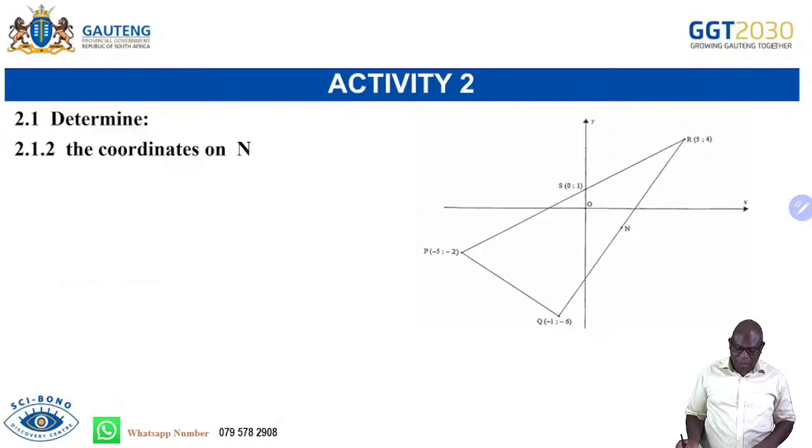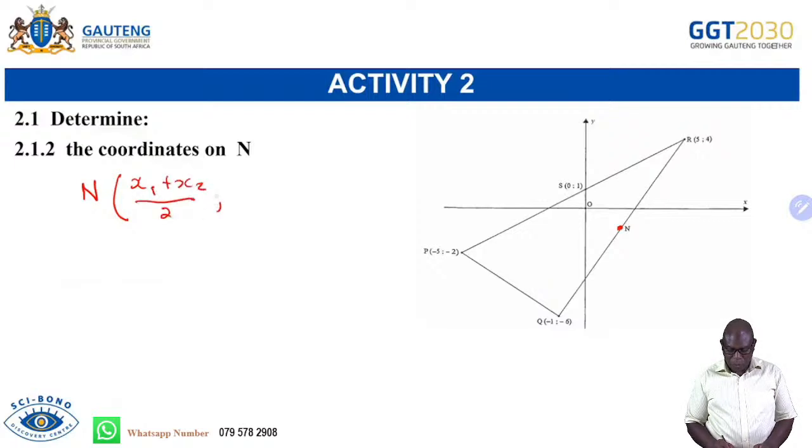Now, the next one says, determine the coordinates of N. Remember, we were told that N is the midpoint of this line. So if it's the midpoint, you go to your formula sheet, go to the formula for the midpoint. The coordinates for the midpoint will be x1 plus x2 divided by 2 and y1 plus y2 divided by 2.